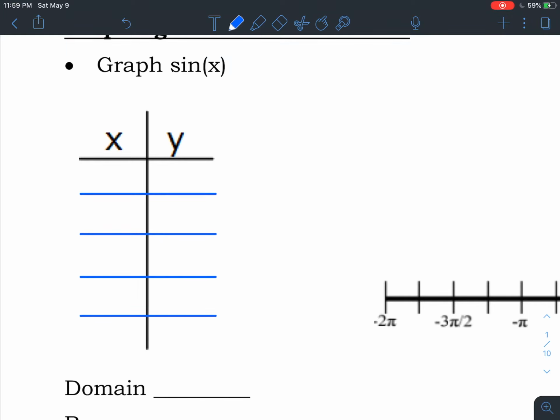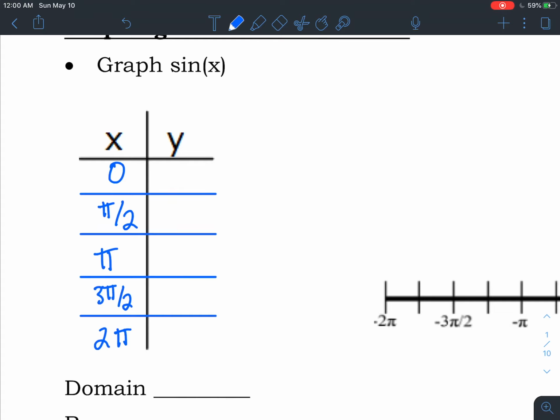And those are those angles that lie on the x or the y axis. So in radians, that was 0, pi over 2, which is 90, pi, which is 180, 3 pi over 2, which was 270, and then the full rotation was 2 pi.